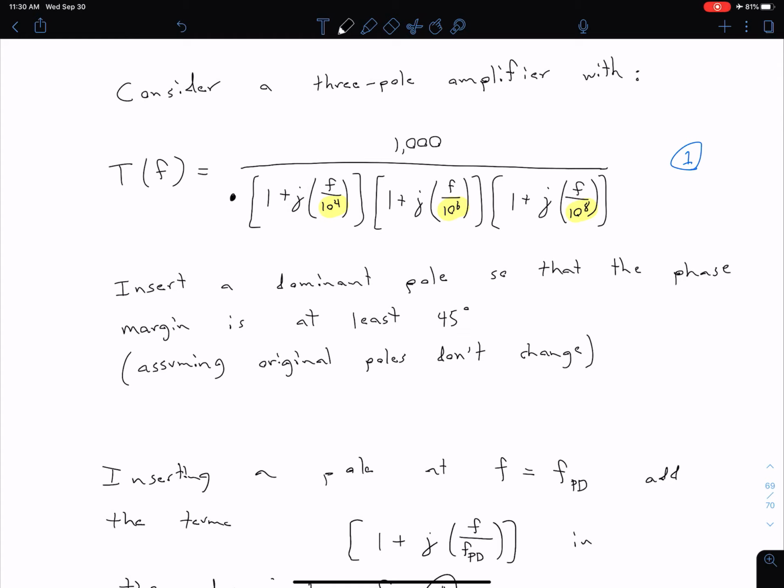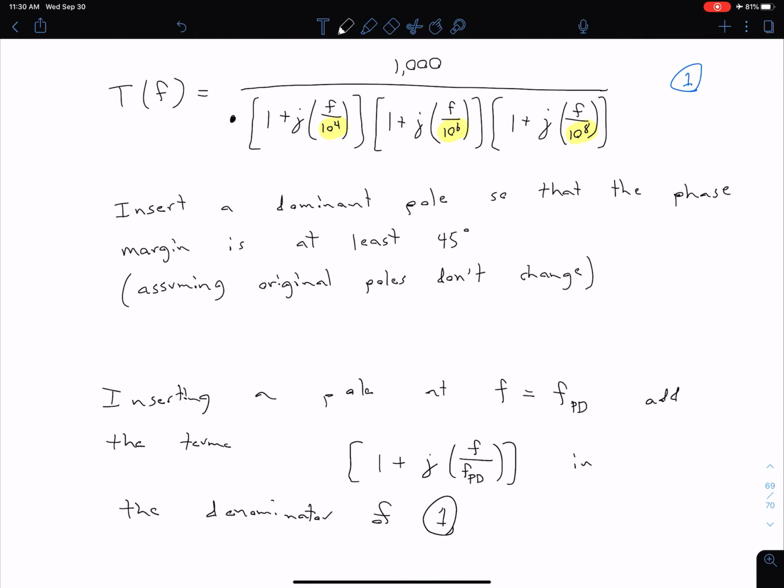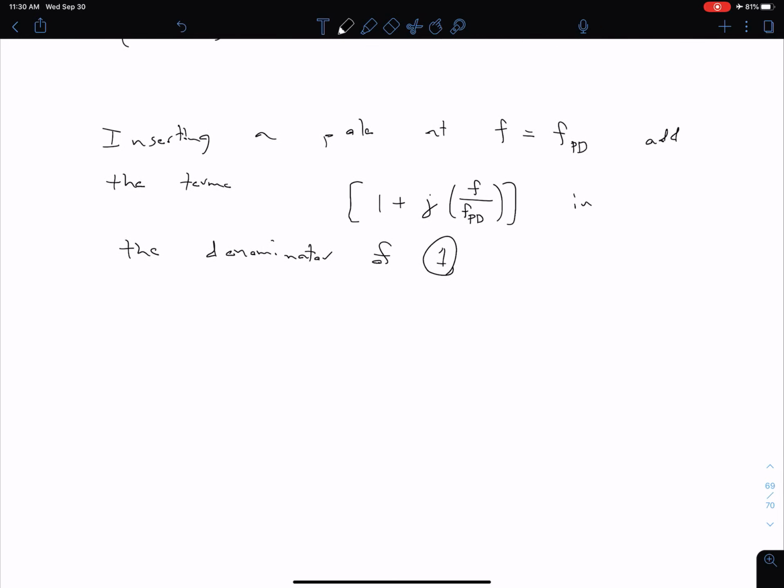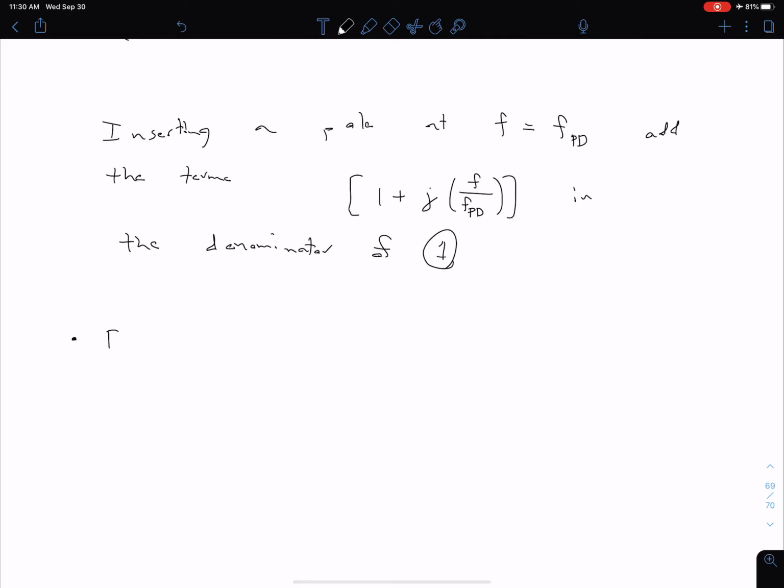Okay, so now we have this requirement that we want the phase margin to be at least 45 degrees. So we have to go back and ask, what does that mean? A phase margin of 45 degrees means that at a phase angle of negative 135 degrees, so 45 above our negative 180, the magnitude of our function, just in terms of f here, should equal 1.